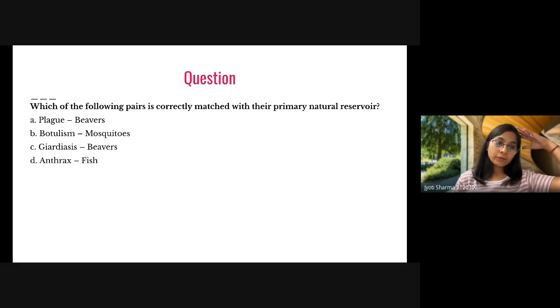So we have four diseases: plague, botulism, giardiasis, anthrax. And we have four natural reservoirs, or you can say carriers or vectors, and these are beavers, mosquitoes, beavers, fish. You need to correctly match the disease with its natural reservoir.